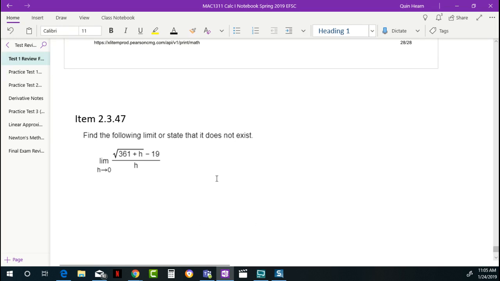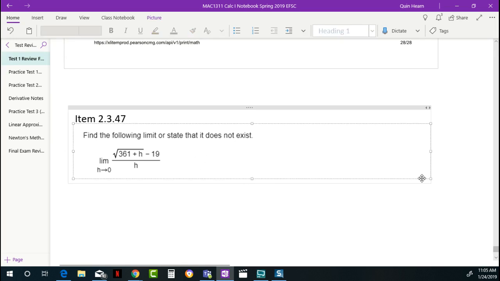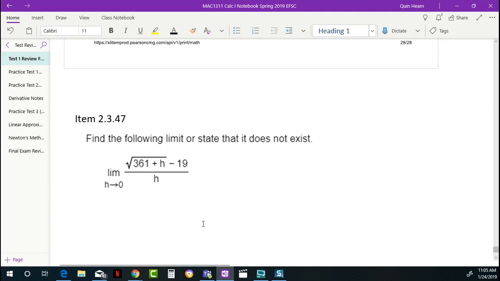Find the following limit or state that it does not exist. It's the limit as h goes to 0 of the square root of 361 plus h, minus 19, all divided by h.